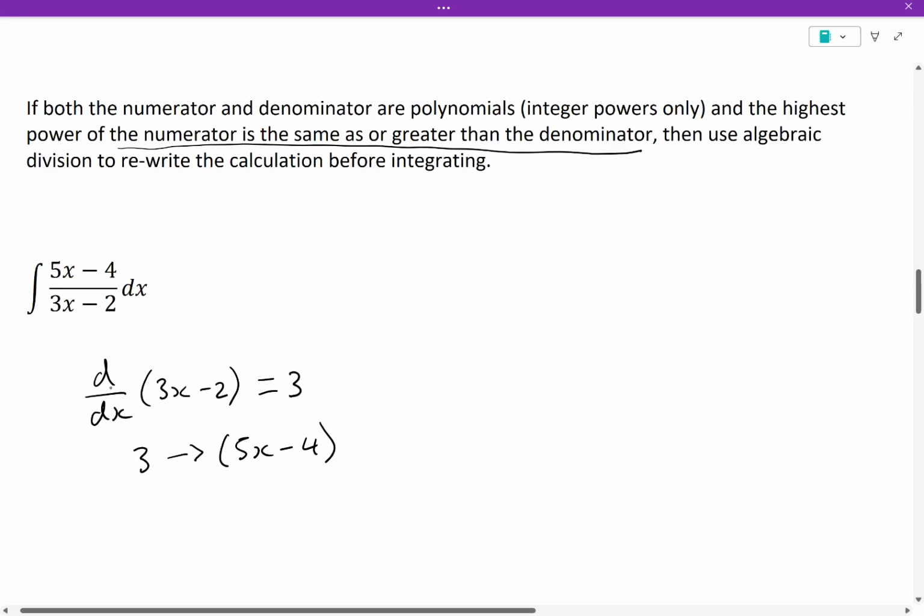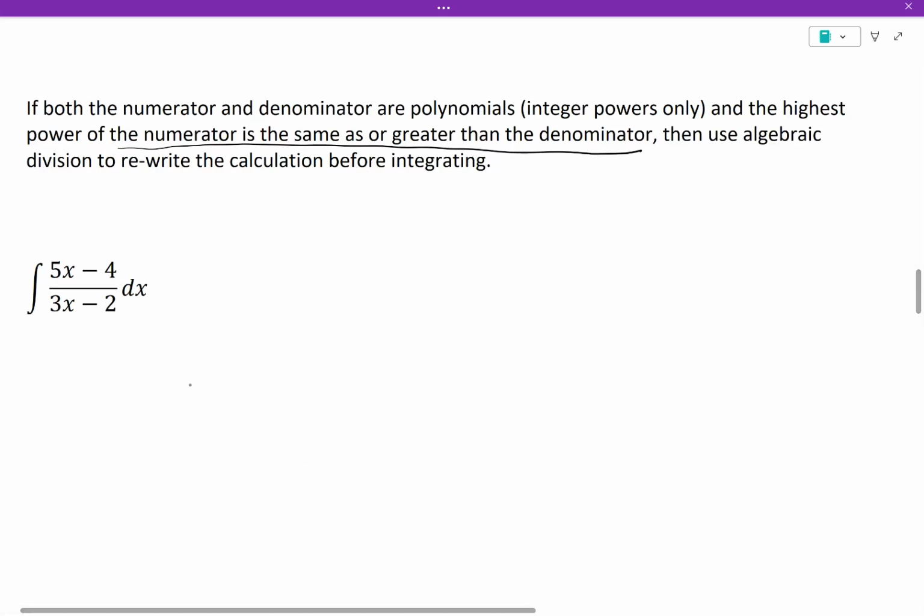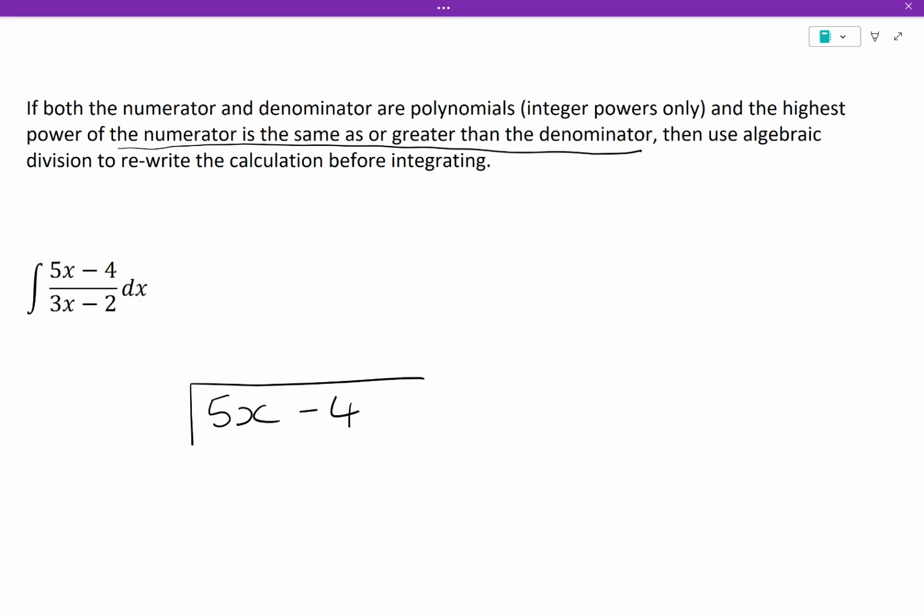Okay, so I'm going to take this off because I'm not interested in this, and I'm going to set up an algebraic division. So under our division, we've got 5x subtract 4, and then outside we've got 3x take 2, which is our divisor. So we're going to do 5x divided by 3x. Okay, so I'll just write the calculation here.